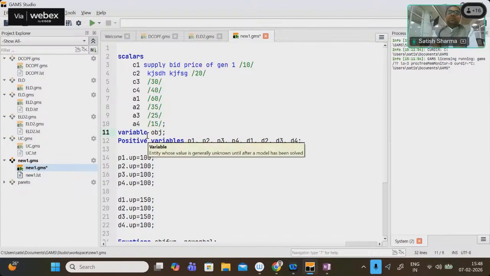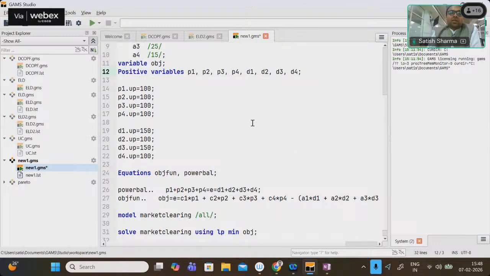Then I will define a variable which is obj, the objective. I have also defined some positive variables: P1, P2, P3, P4, which are power generation, and D1, D2, D3, D4, which are power demand. These should be positive.